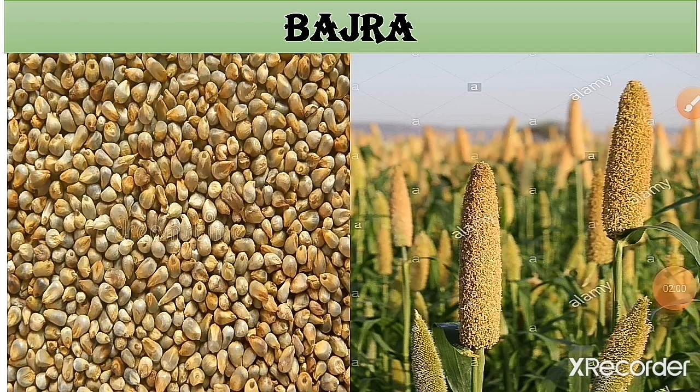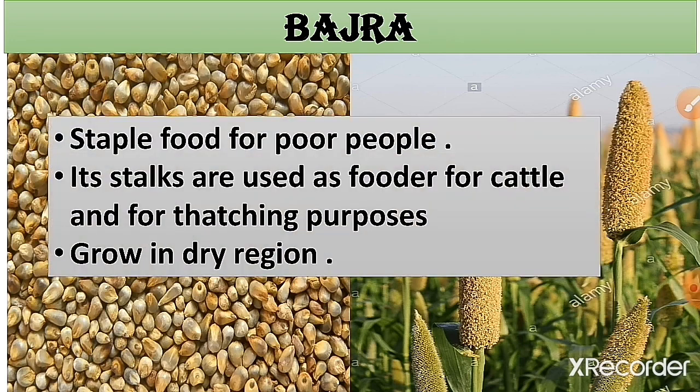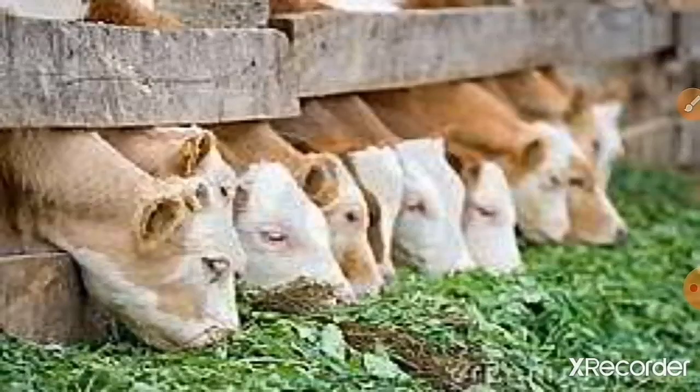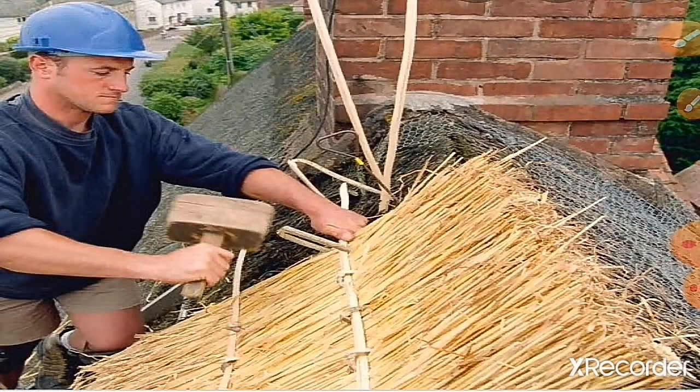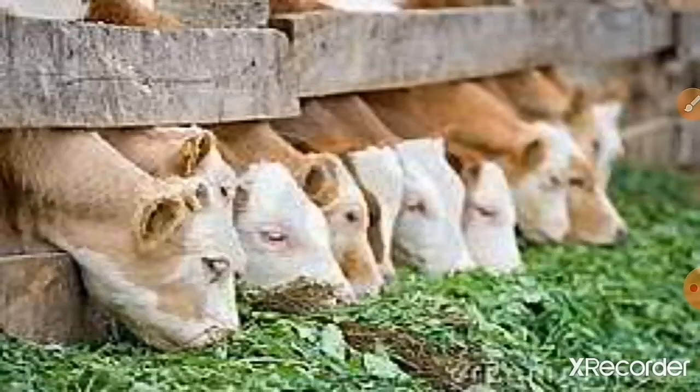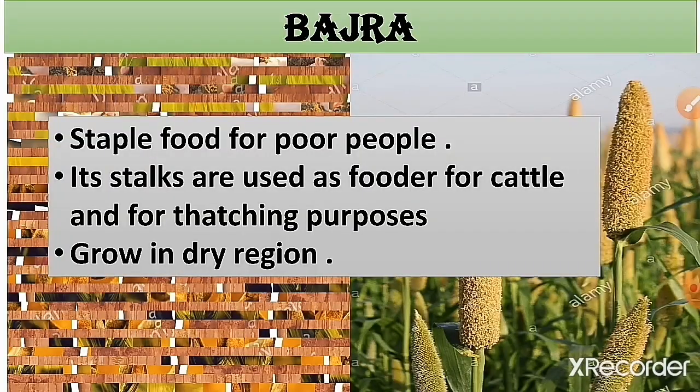Next, bajra. It is also an indigenous plant of Africa. This forms the staple food for poor people. Its stalks are used as fodder for cattle and for thatching purposes. Bajra is a crop of dry regions, which means it grows well in dry areas.